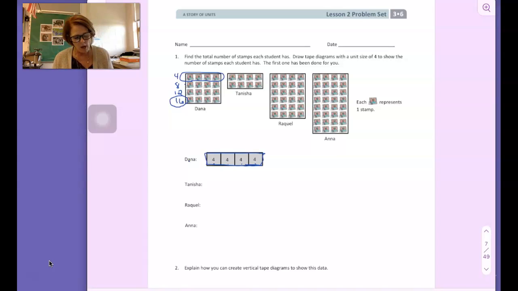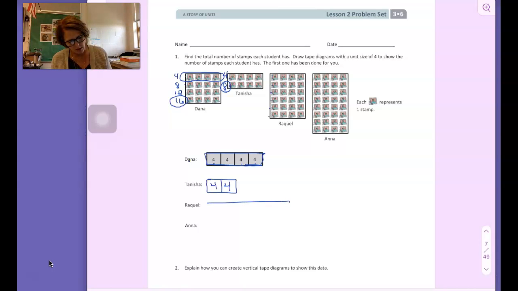Tanisha has 2 groups of 4, so her tape diagram is going to be 2 groups of 4, just like that. And she has 8 total stamps. Raquel has 1, 2, 3, 4, 5, 6 groups of 4 stamps.